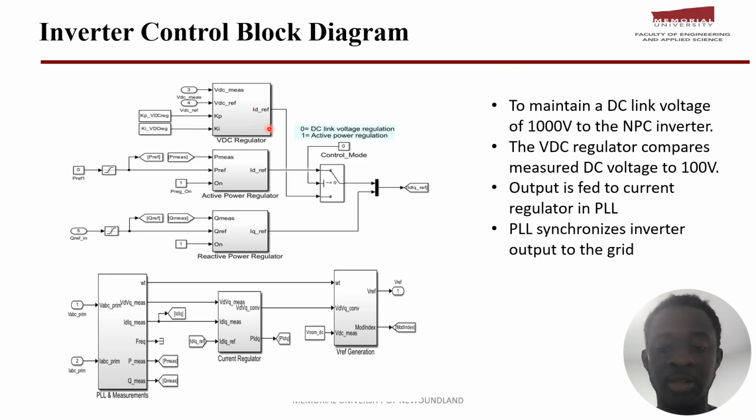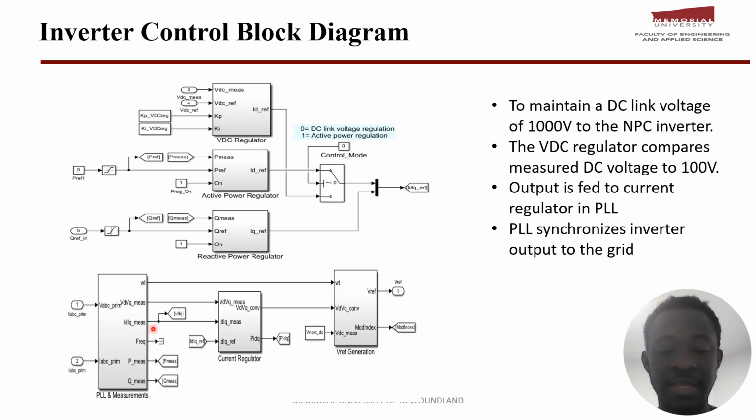The error voltage, or the error signal, is fed to these three blocks. These three blocks work together to perform the phase-locked loop function. This function is to synchronize the PV's output voltage, which is AC, to the grid.